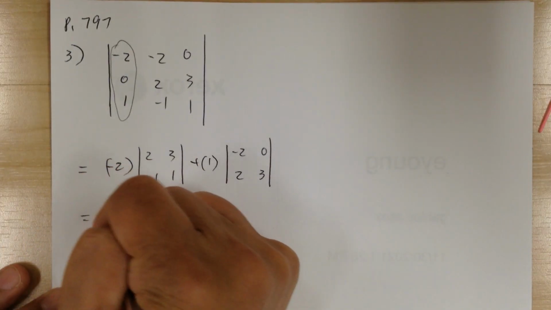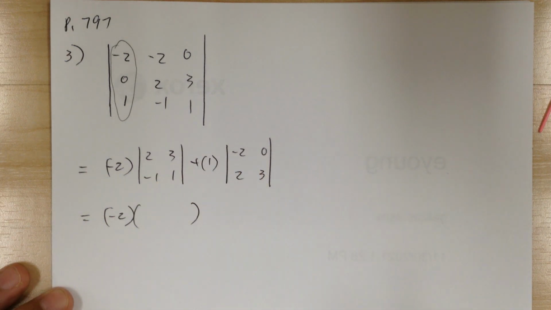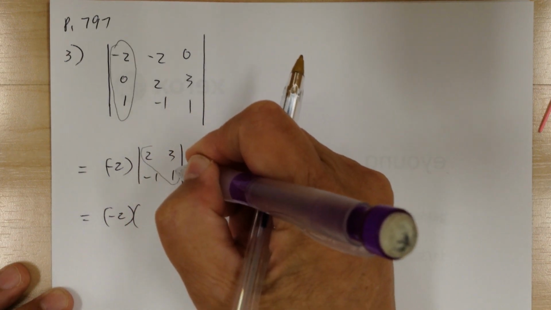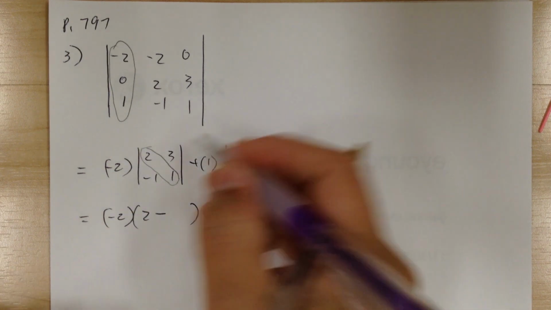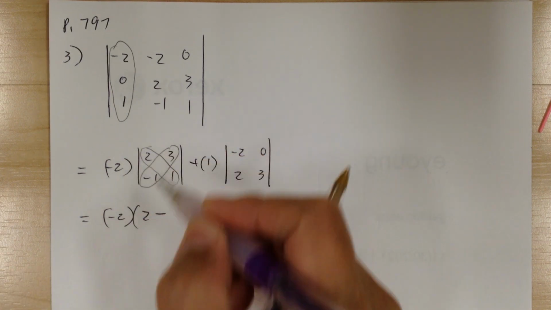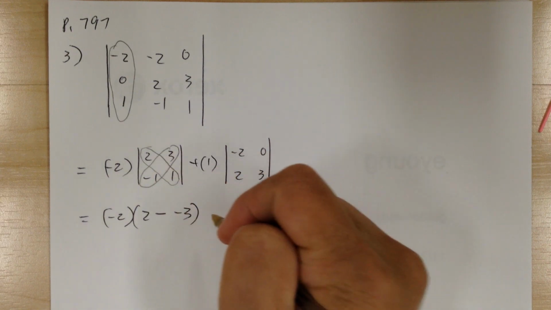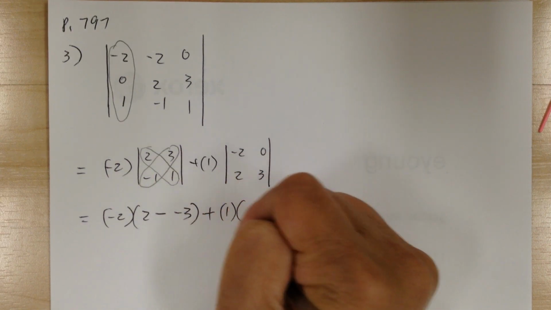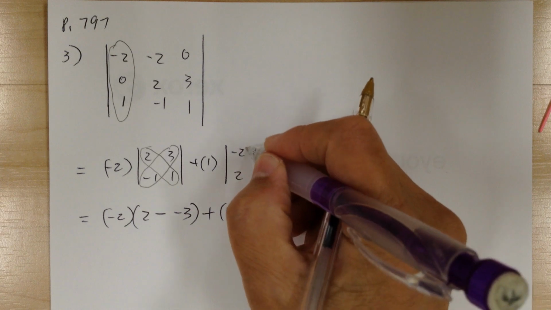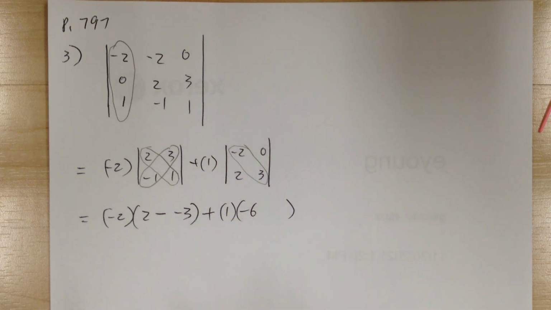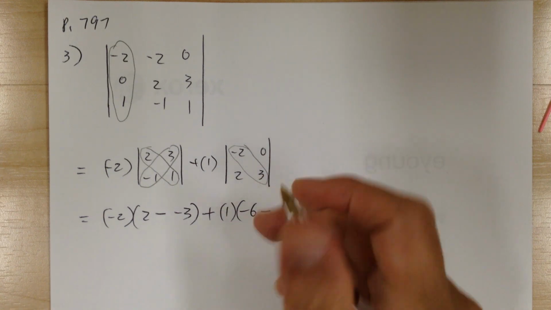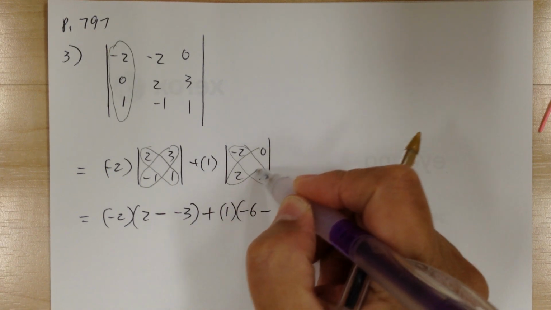So this is equal to negative 2 times, this diagonal would be 2, 2 times 1 is 2, minus this direction, so it would be negative 3. So this diagonal is negative 6 minus this diagonal.